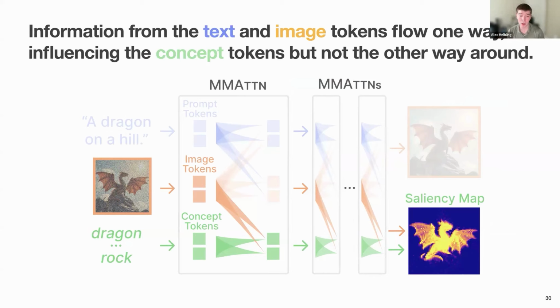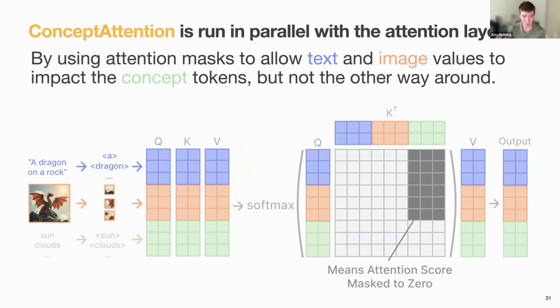And so in this way, we create a set of contextualized embeddings by taking advantage of the existing parameters of the model. And these concept tokens can be used to interpret the image representation, but they don't influence the image at all, or the appearance of the image. And as I mentioned before, this doesn't have a hugely prohibitive cost.